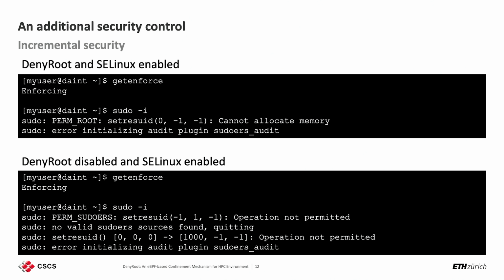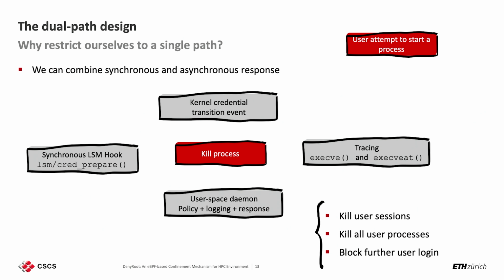Then the question is, how did you achieve that? Did you only look at the hook? No, because in practice, to be able to attach to that LSM hook, your kernel has to be configured with a boot parameter saying lsm=bpf.